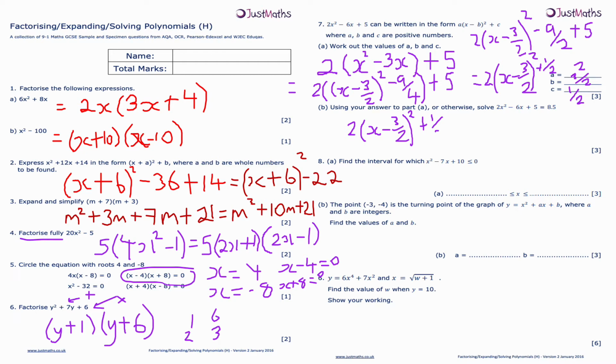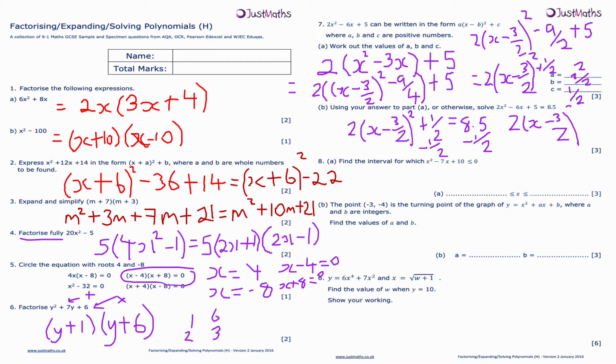I want to try and solve for x. So I'm going to get 2 lots of x minus 3 halves all squared, should be a 2 there, is equal to 8.5 minus half, which is just going to be 8.